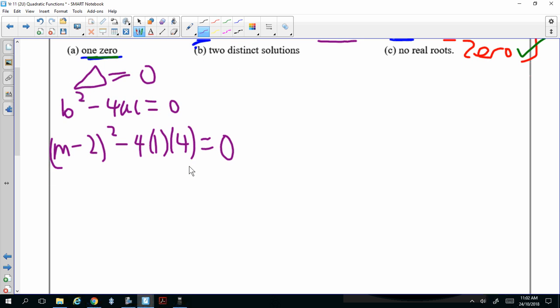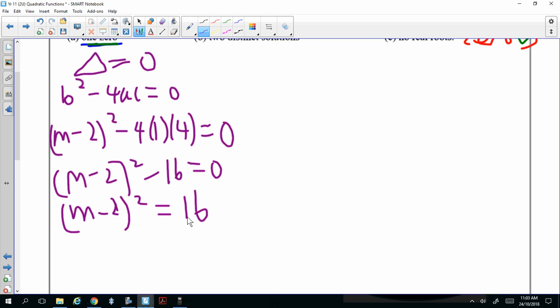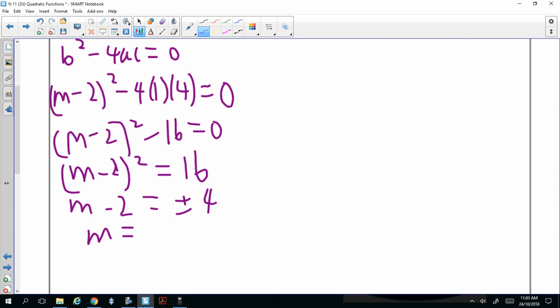You can just move the 16 to the other side. And then what do you do? Square root it, plus or minus 4. So m must be 6 or negative 2. Good. So when m is 6 or negative 2, you have 1 zero.